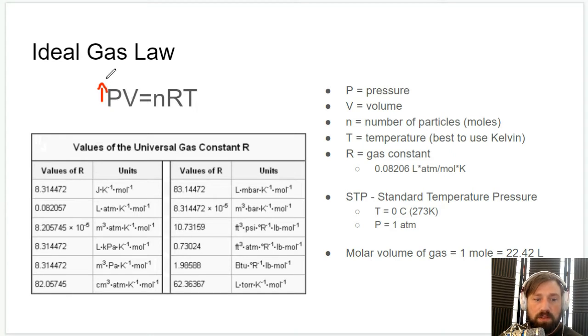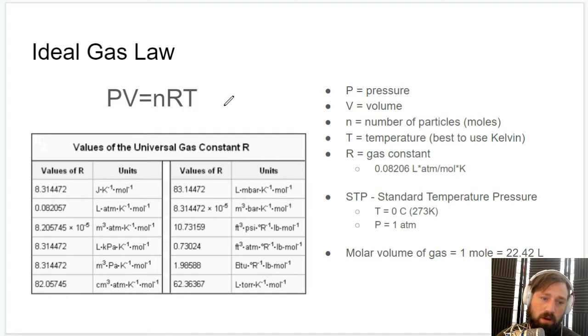Well, if I increased pressure and nRT remained the same, volume would have to go down. And that should make sense. If you have a balloon and I squeeze it and I'm increasing pressure, the balloon is going to get smaller.